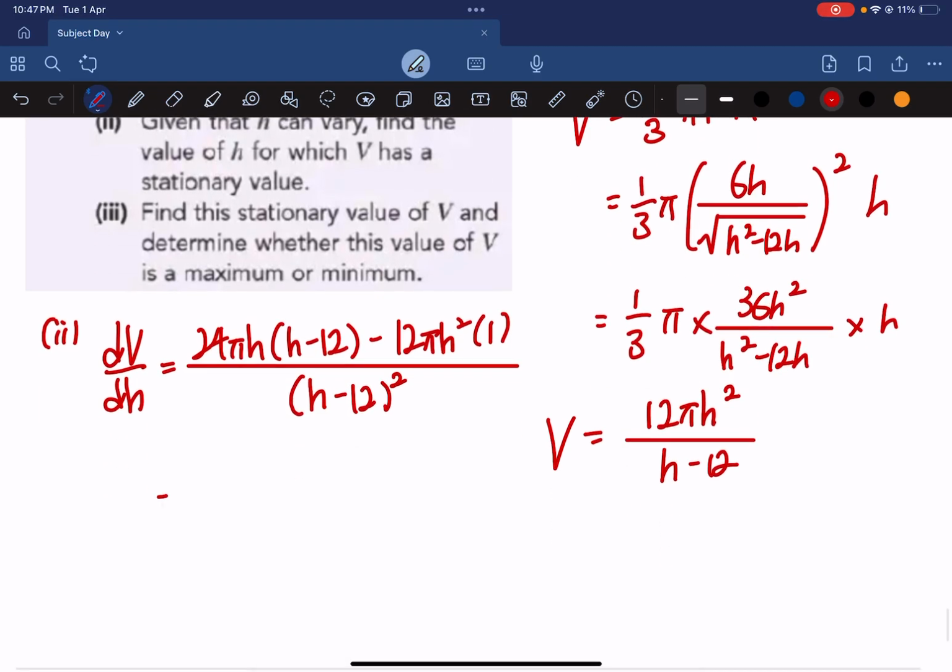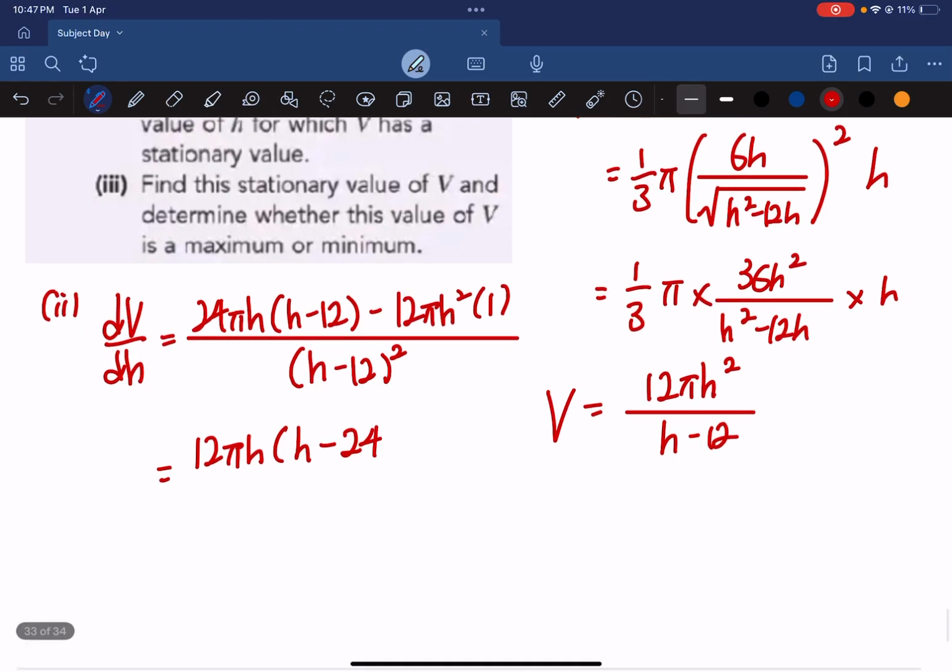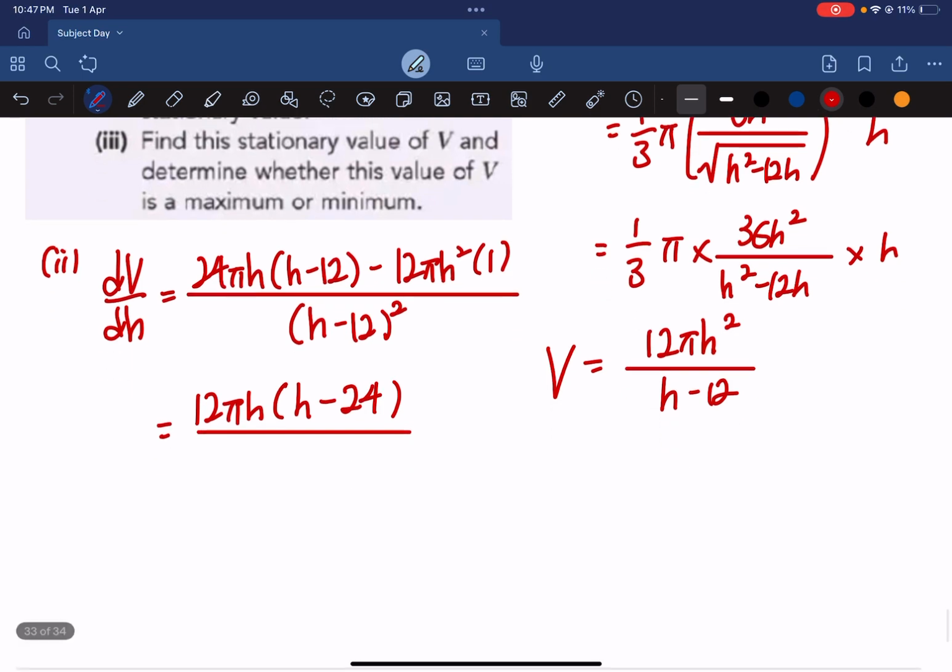Okay, then I simplify everything. Maybe I can factorize out 12 pi h. I should get h minus 24, and from here I continue to simplify, over (h minus 12) the whole thing squared.